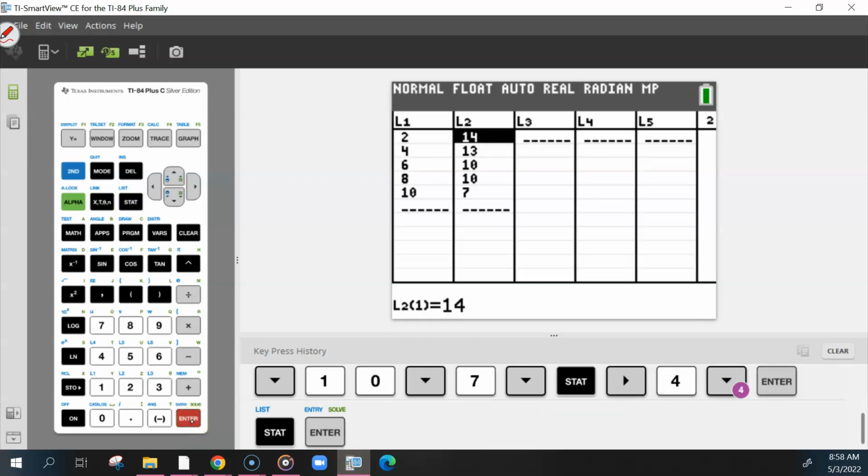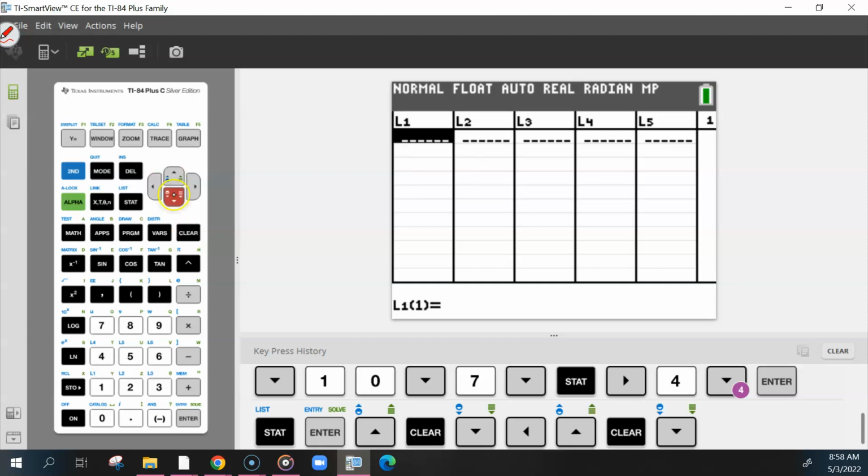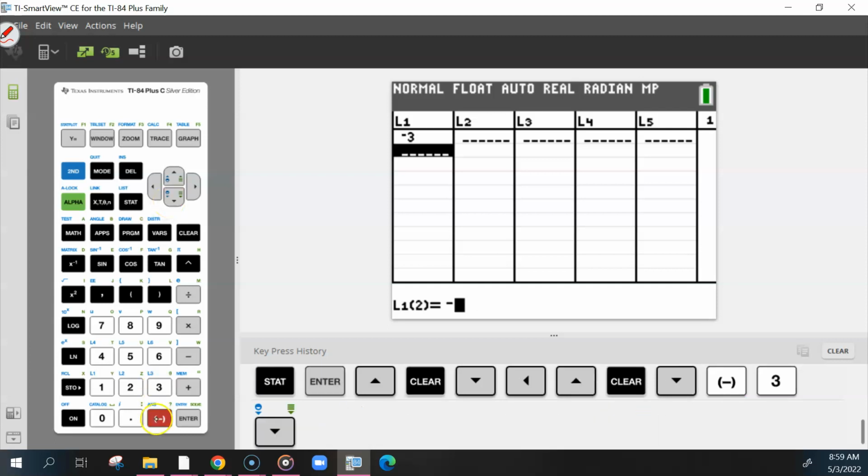If you were putting the one we did from the shark bite in there, go up to the top and hit clear and scroll down, and it'll clear that out. And then put all your x values in L1 and your y values in L2.